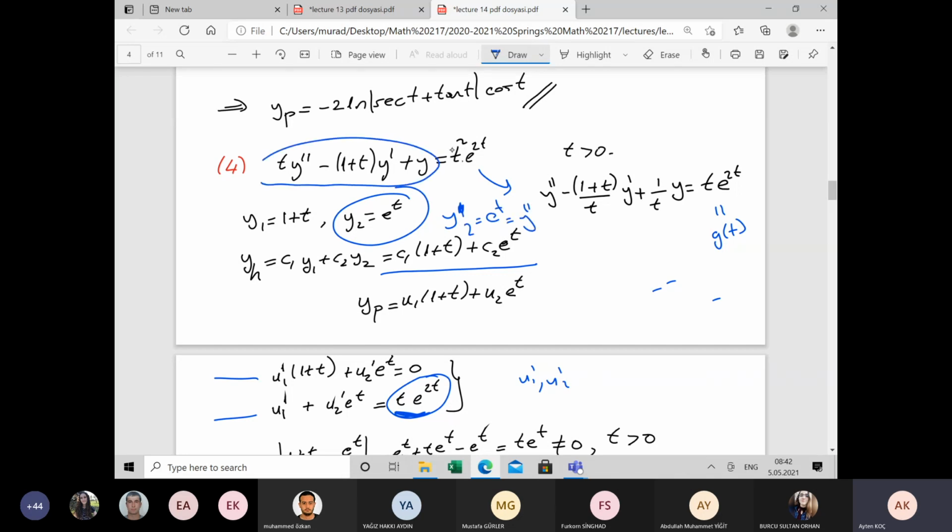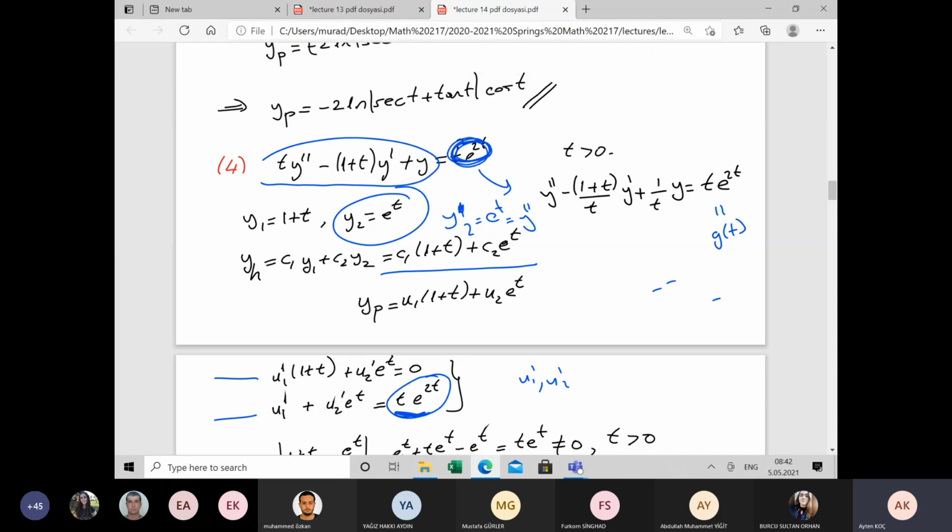Substitute here: t times e to the t minus (1 + t) e to the t plus e to the t. Check whether this is 0: t e to the t minus e to the t minus t e to the t plus e to the t, and we obtain 0. Yes, y sub 2 is a solution.